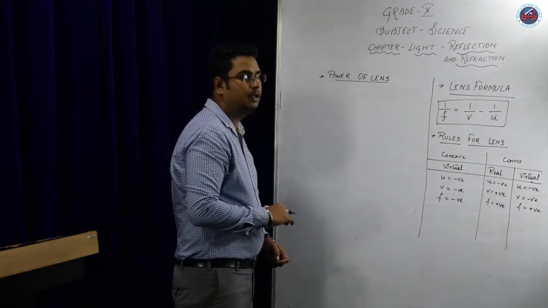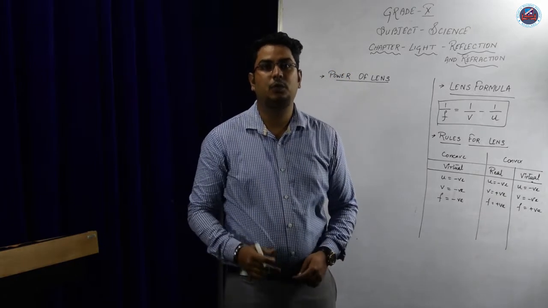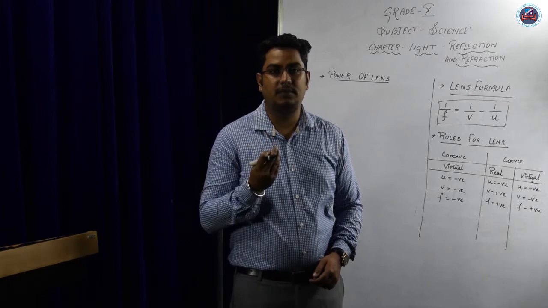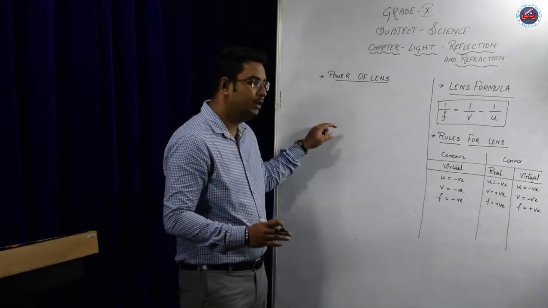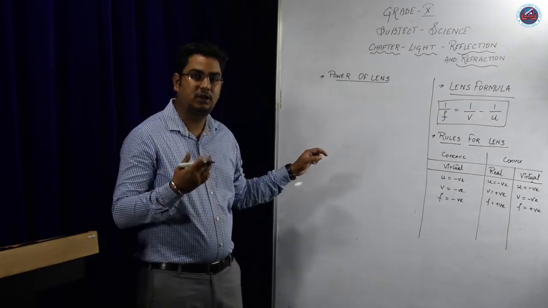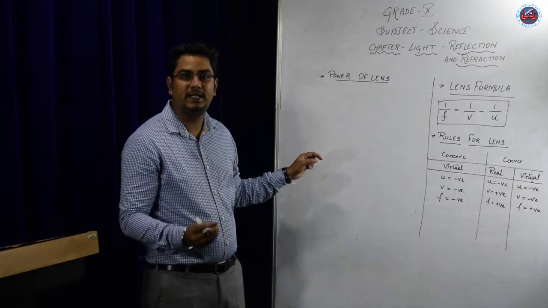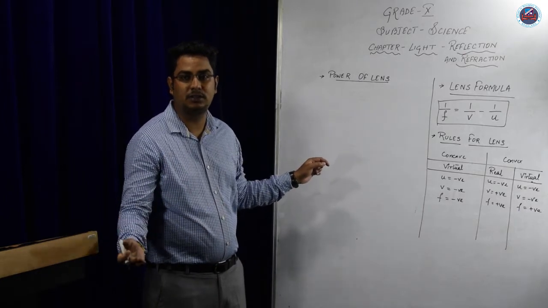We all use specs, glasses, which help us to correct the problems we have in our eyes. When we go to a doctor, the doctor suggests lenses which contain some powers. Every person will have different powers.